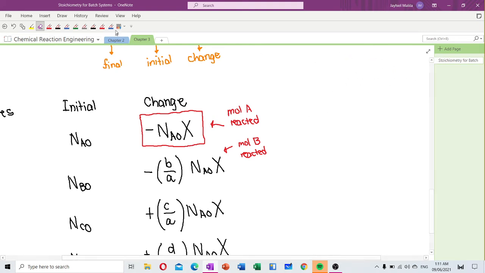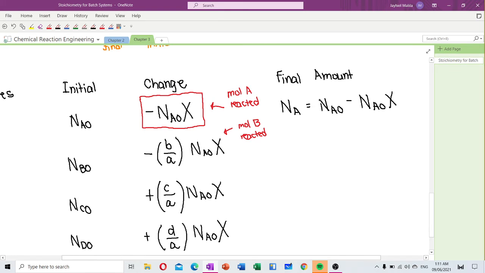So you now have the following equations for batch systems. For the final amount, we have here Na, which is equal to the initial minus change, that is Na0 minus Na0x. So that's how you write it.